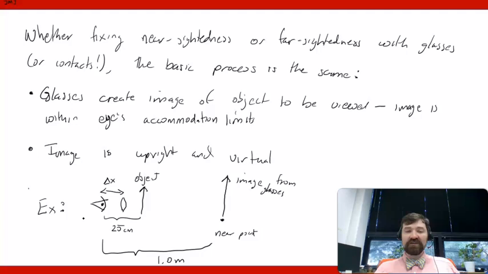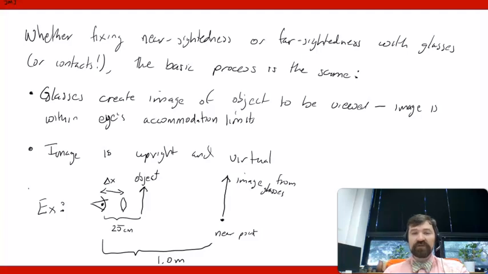They can't see an object that's 25 centimeters in front of their eye. All right? They can't focus on it. Their near point is 1 meter away. So what the glasses do is they image the object that is 25 centimeters away so that it appears to the eye as if it is 1 meter away, where the location of the near point is for that eye.